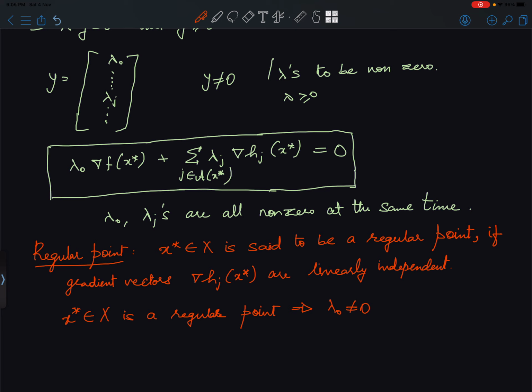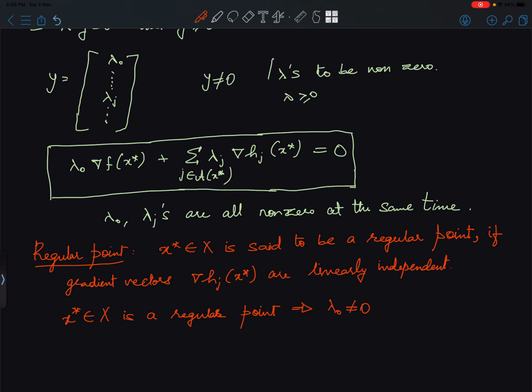Because all these gradients are linearly independent, if you want this particular term to be 0, then one of the lambdas has to be positive, so that we don't come to the condition where all the lambdas are 0.